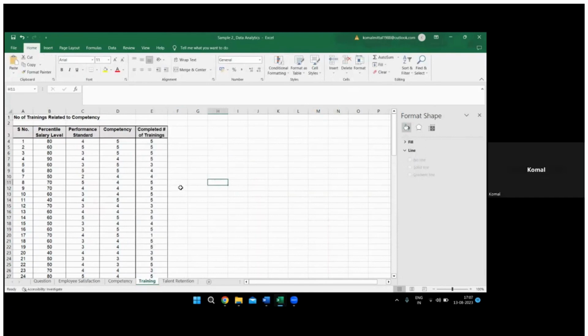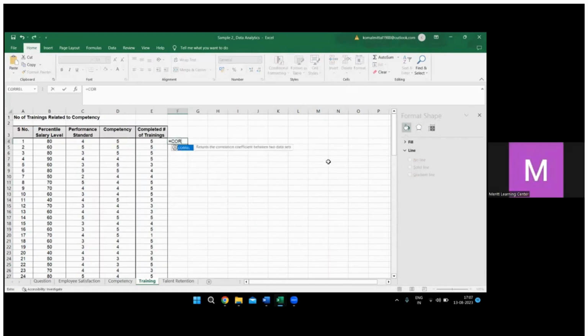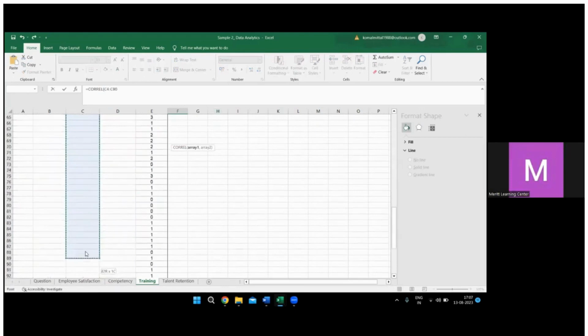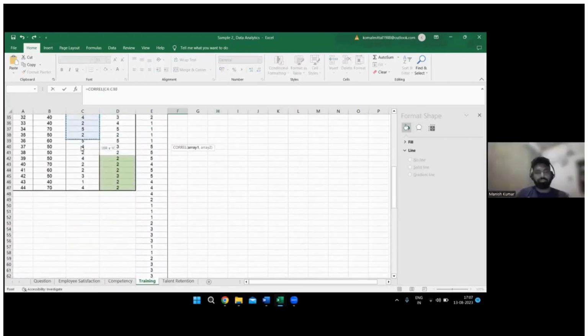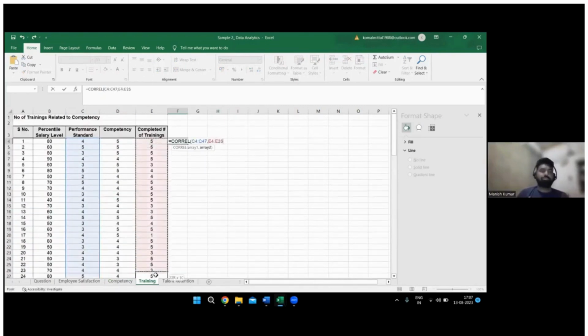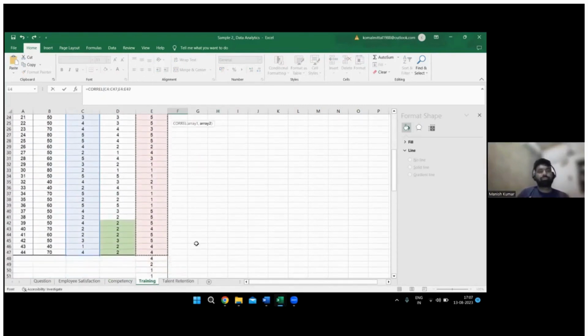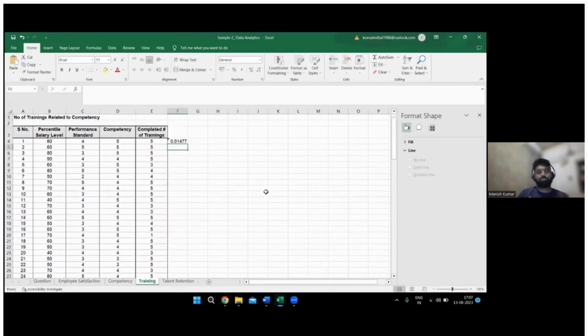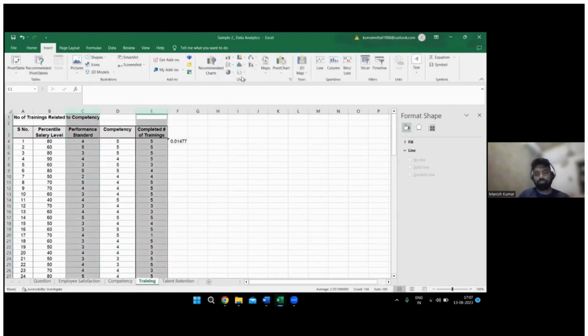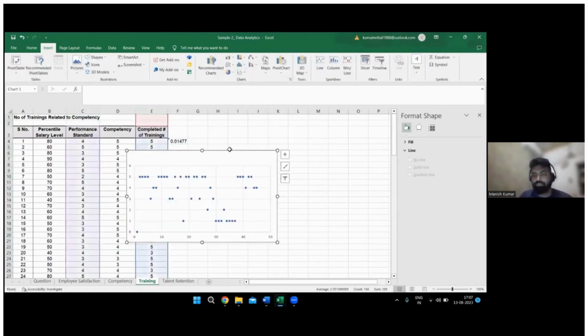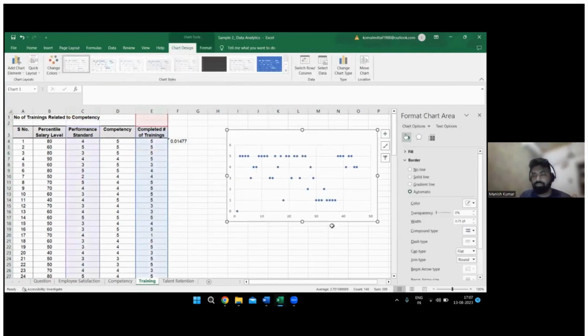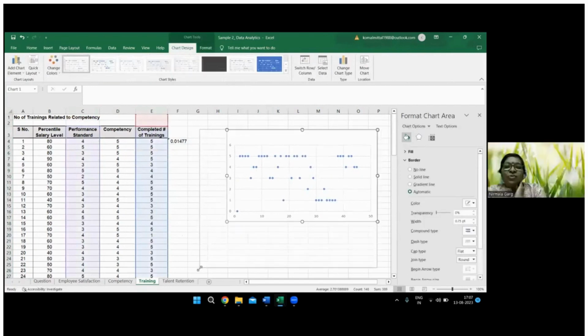Correlation between performance and completed trainings. What does this show?